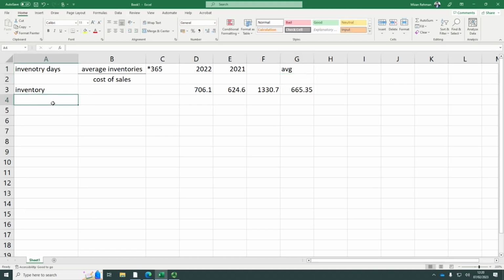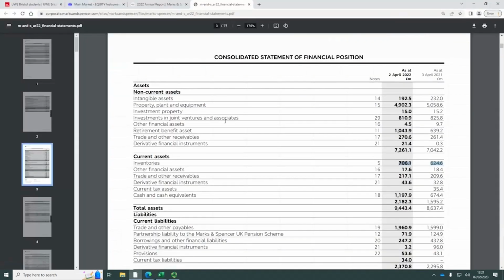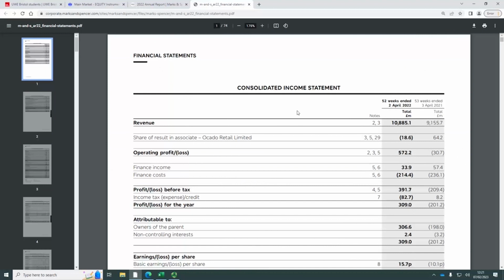Cost of sales. This is a figure from the income statement, or profit or loss account, the new name for it. So it's still called consolidated income statement. They're still using the old terminology.